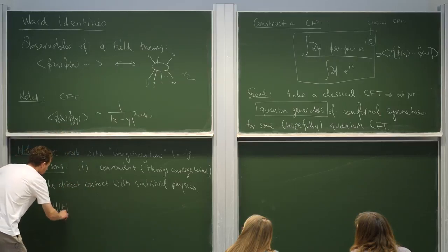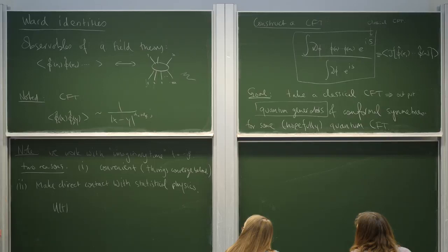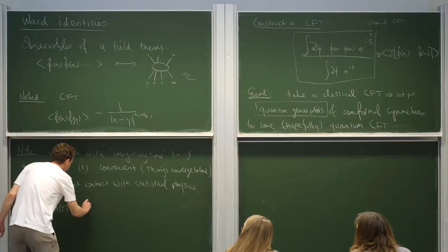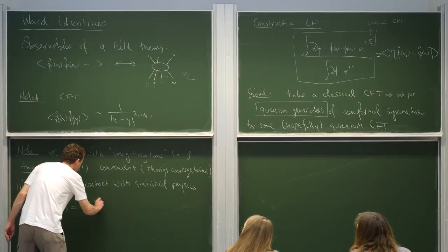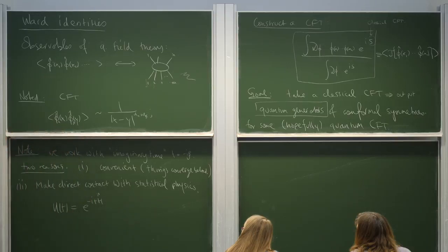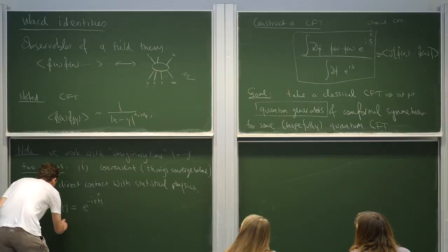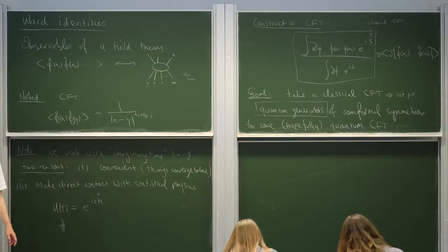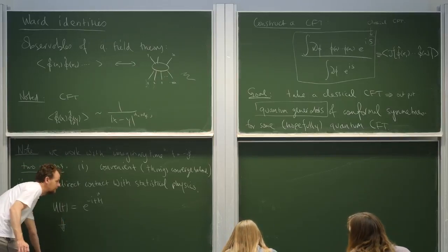So suppose you have the generator of time translations, that's the propagator. The propagator is e to the minus i t H. And if you analytically continue time to imaginary time and set t equals minus i beta, then the generator of time translations becomes non-unitary.